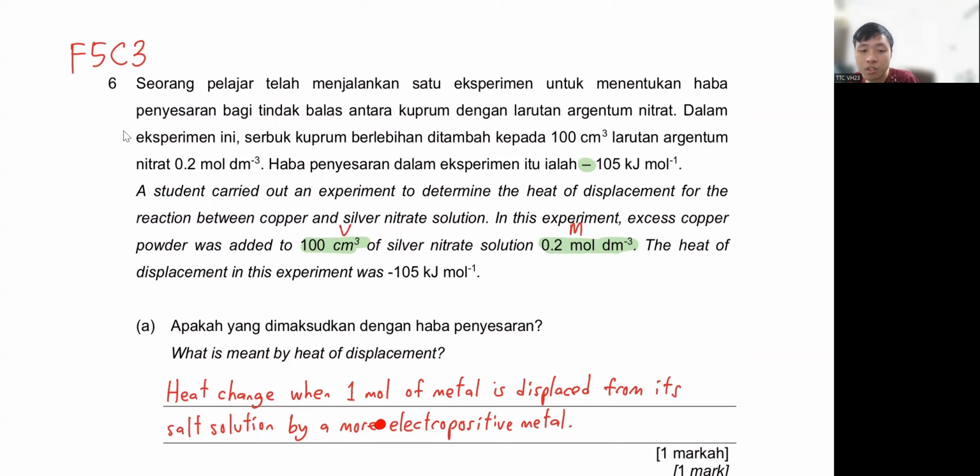But in general, if it's based on the experiment, you have to write heat released, because we find it negative. Heat change when 1 mole of metal is displaced from its salt solution by a more electropositive metal.